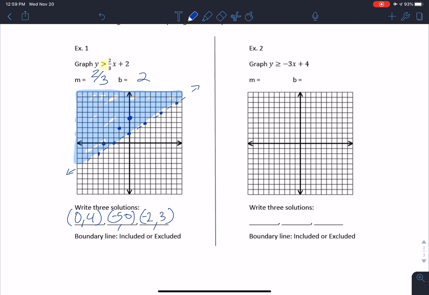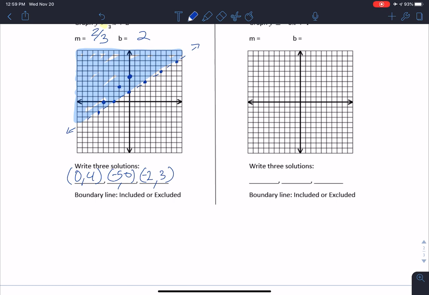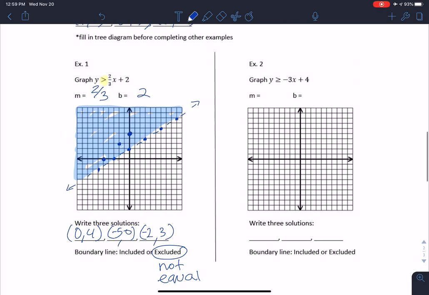And on this example, because my line is dotted, I cannot pick any points that are on the line, but I can pick any points that are in the shaded area that are solutions. So that's called the boundary line, and it's excluded because it's not equal on our symbol.